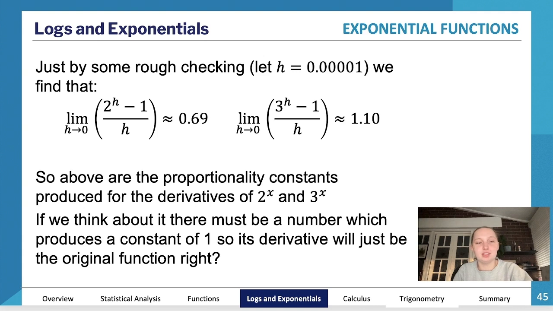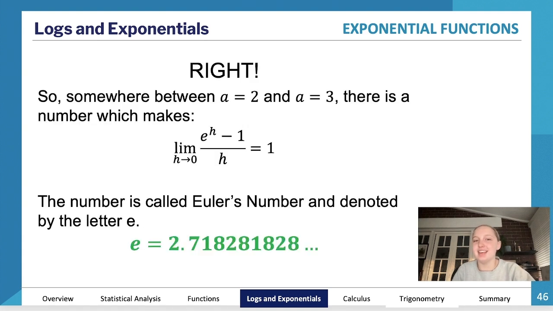So, funnily enough, surprisingly, yes. Somewhere between a equals 2 and a equals 3, there is a number which makes (e^h minus 1) over h equal 1. And this number is called Euler's number. That's how you pronounce this word, it's Euler.